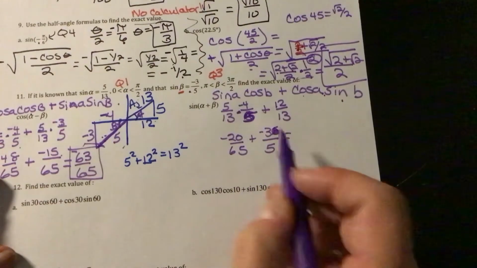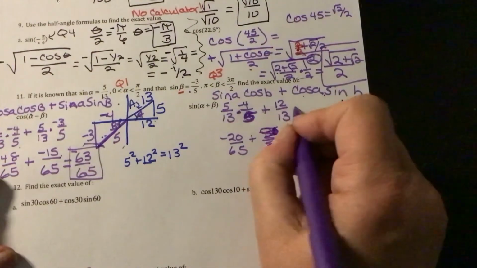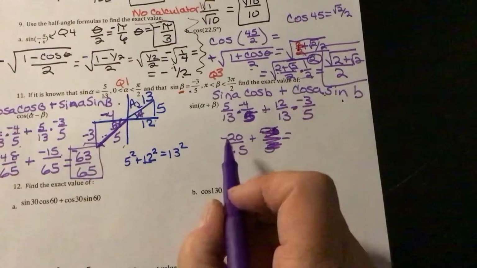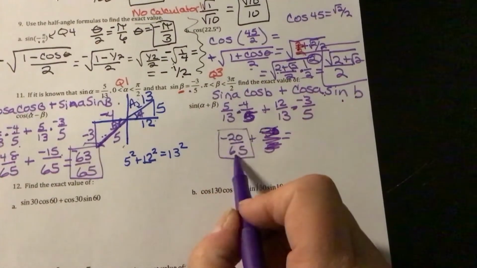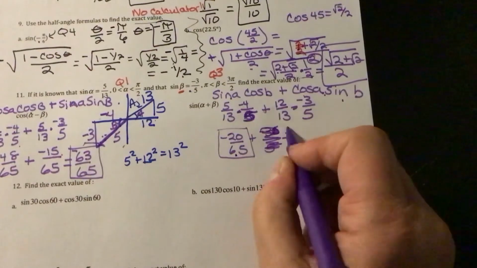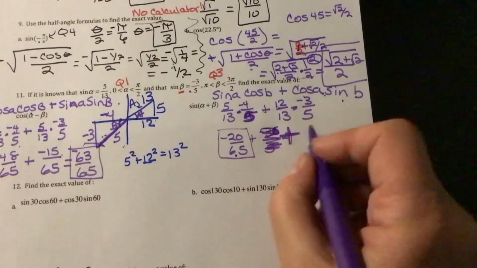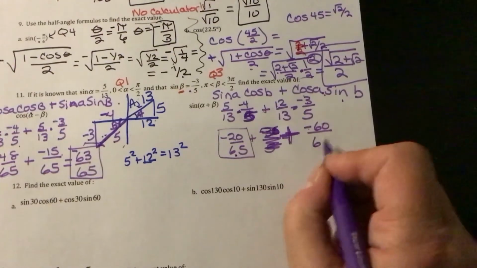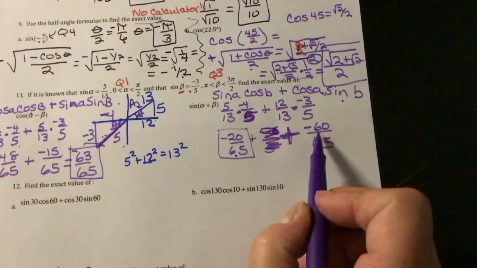Times negative 3/5. I just put it in the wrong spot. So I'm adding negative 20 over 65 plus 12 times negative 3.